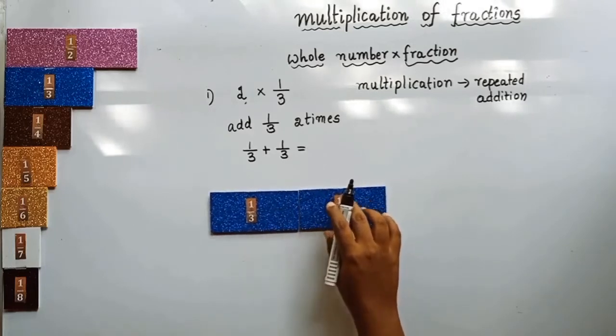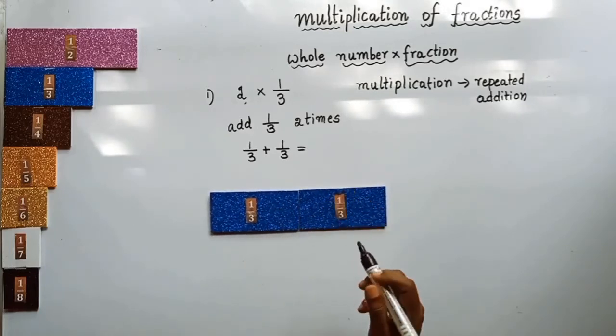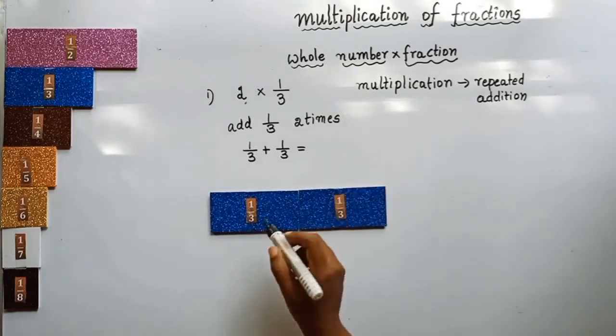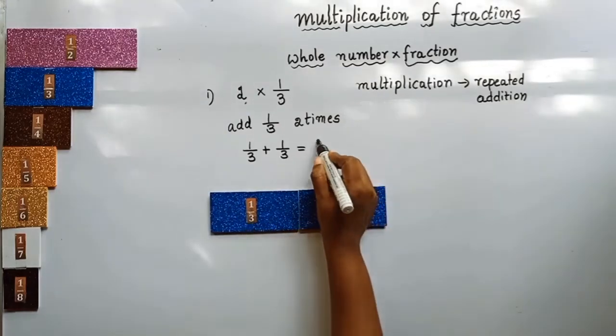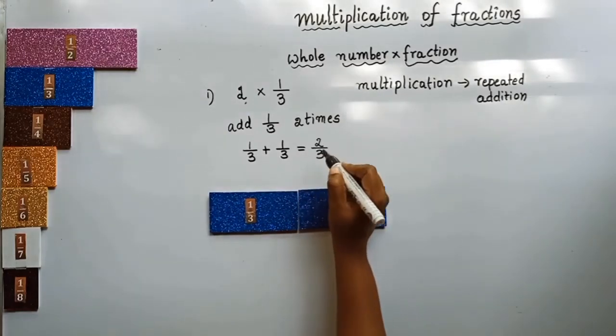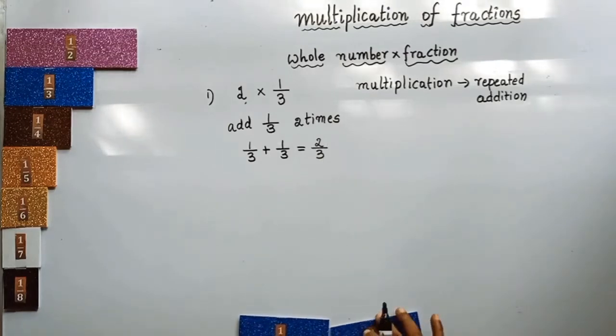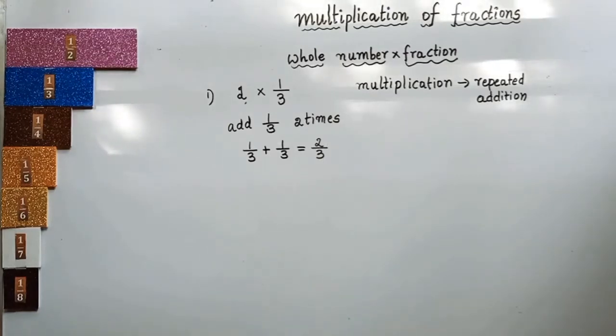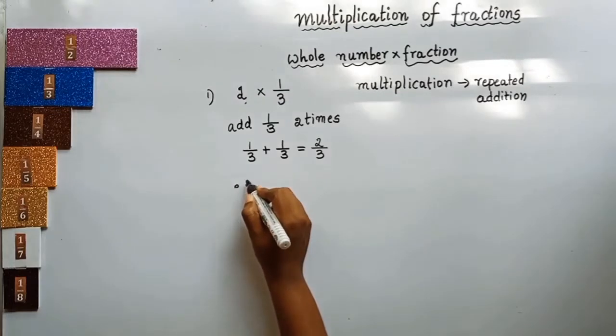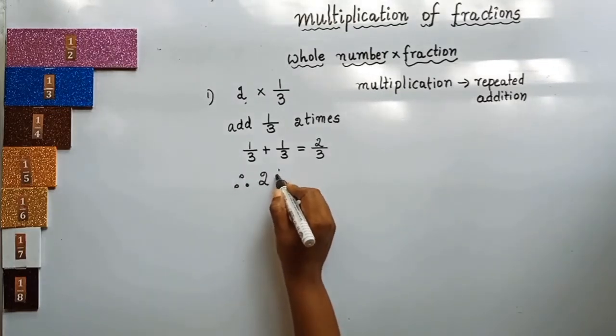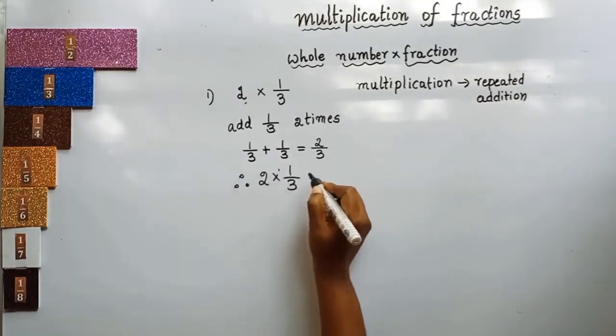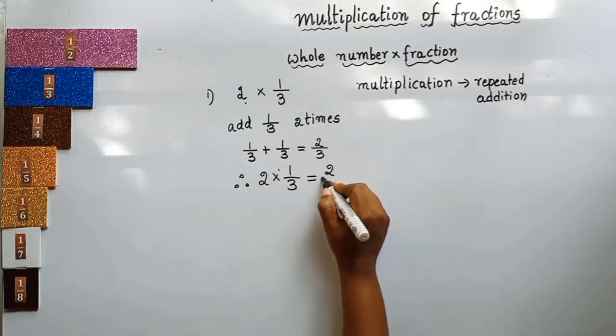Now I added. How to represent this? This is 2 out of 3 parts, that is 2 by 3. So 2 into 1 by 3 is 2 by 3.